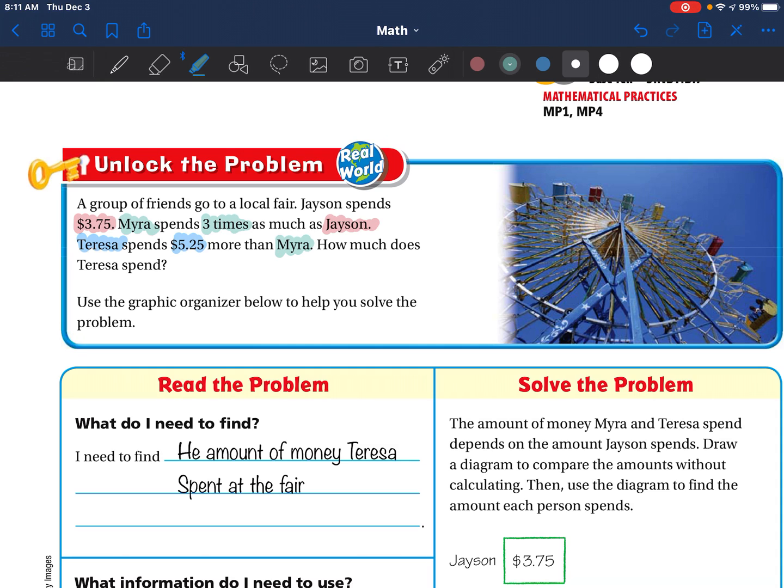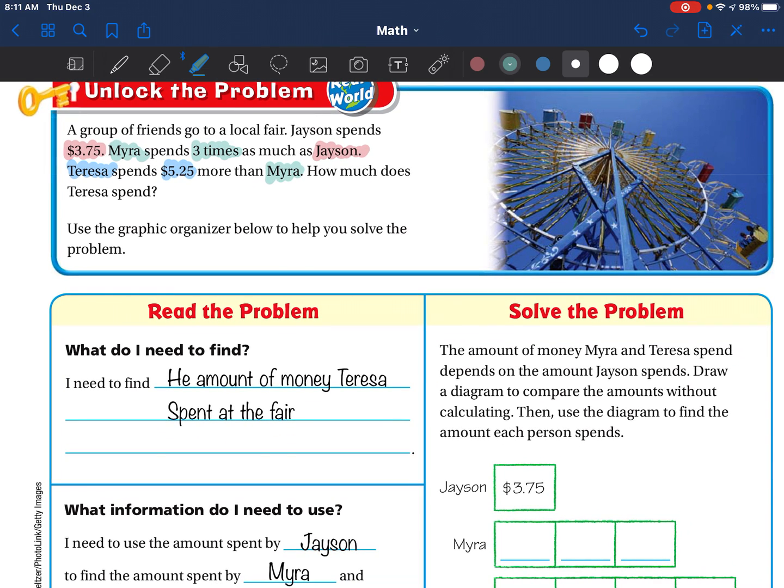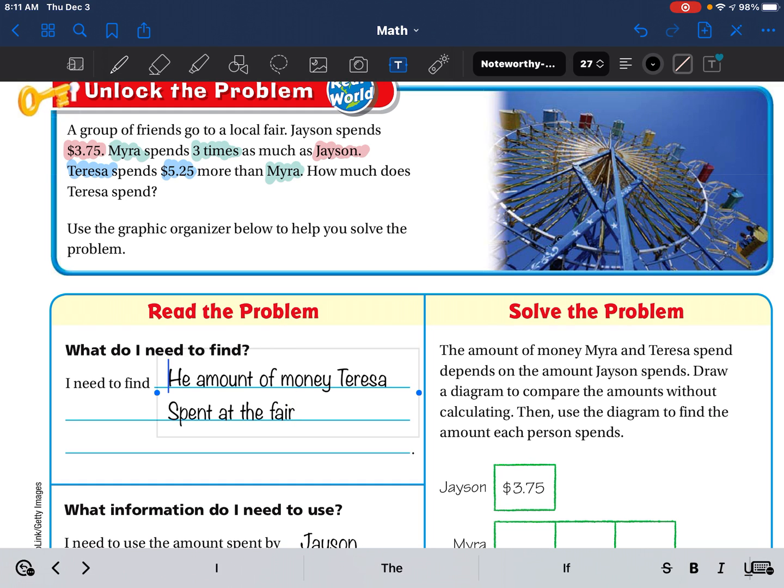So as always, we need to talk about reading the problem. What do I need to find? I need to find the amount of money, and I see a typo there. The amount of money Teresa spent at the fair.